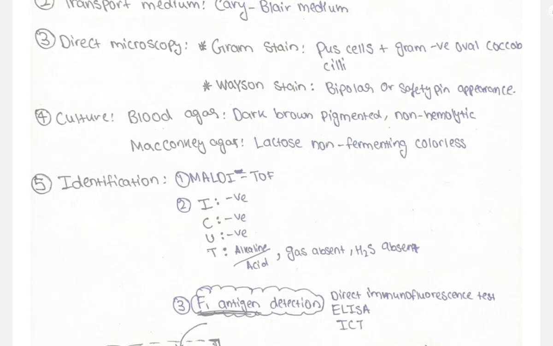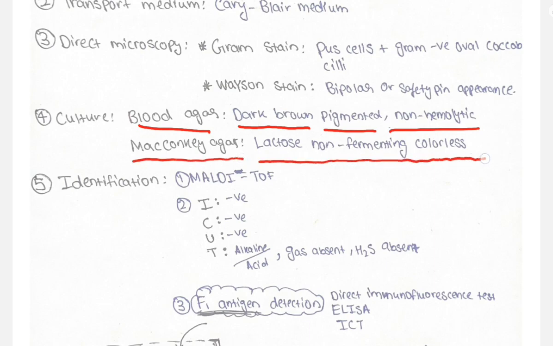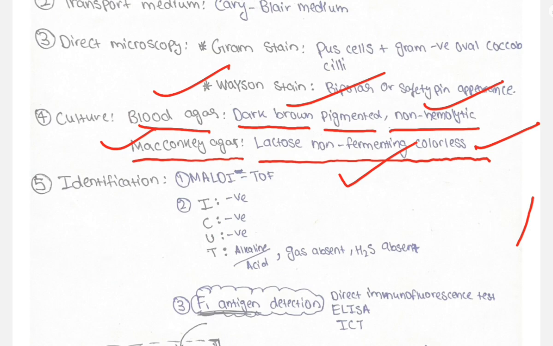Then in culture, on blood agar, we see dark brown pigmented non-hemolytic colonies, while on MacConkey agar, we see lactose non-fermenting, colorless colonies. So basically, blood agar: non-hemolytic and dark brown pigmented. MacConkey agar: colorless and non-fermenting.